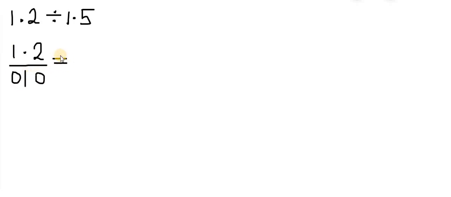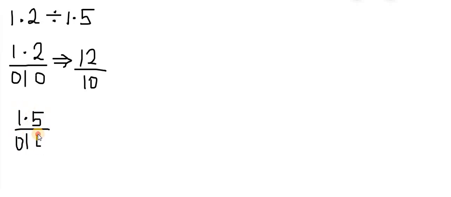I go on to drop the point, so that's 12 over 10, 1.5. Point represents 1 below the line. Numbers either side of the point represent zeros, so that's just 15 over 10 after you drop the point.